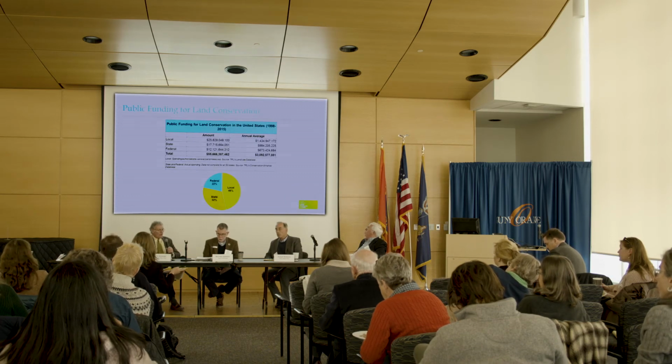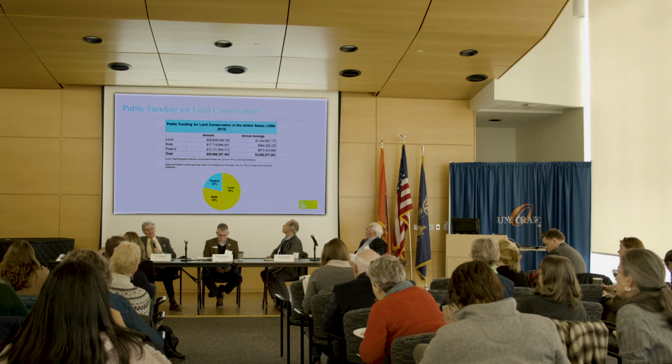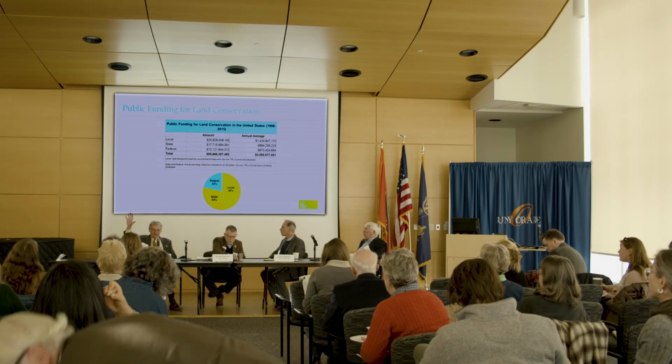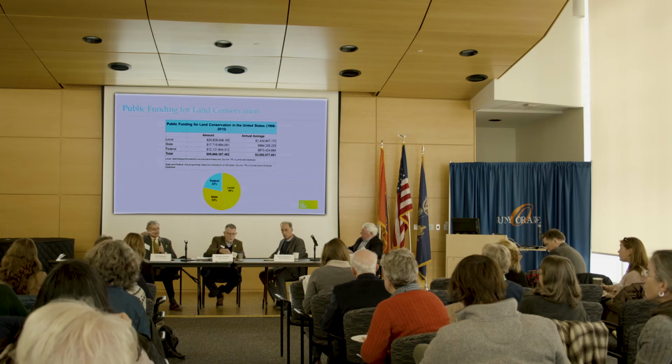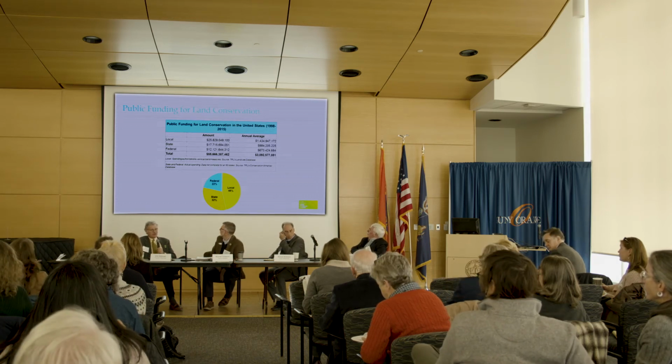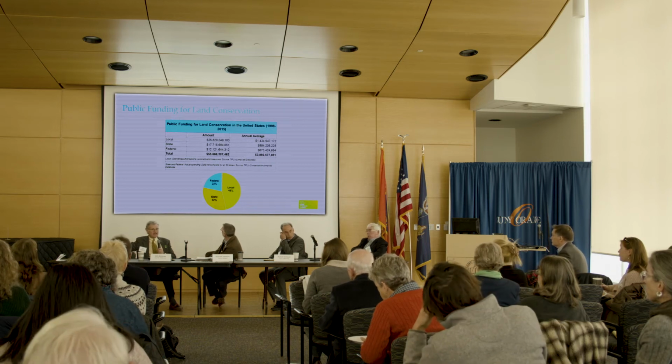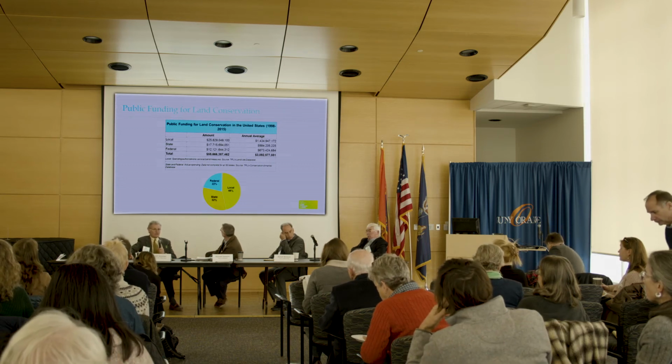When we think about where funding in the United States for conservation comes from, a lot of people think about Washington, D.C. and what Congress may be doing, the Land and Water Conservation Fund you may have heard of. But the fact of the matter is the majority of funding for conservation in this country today happens at the state and local level.